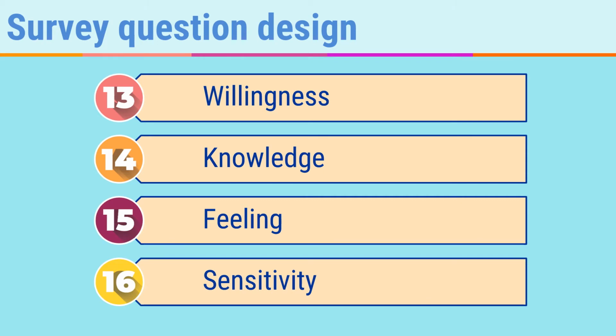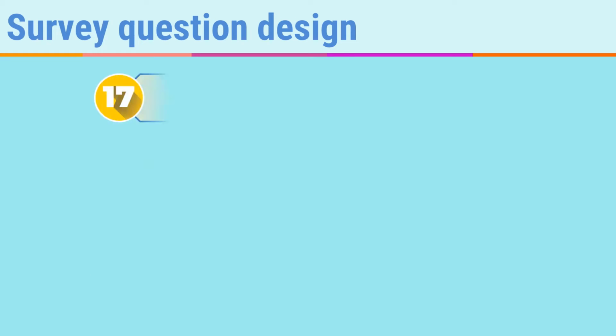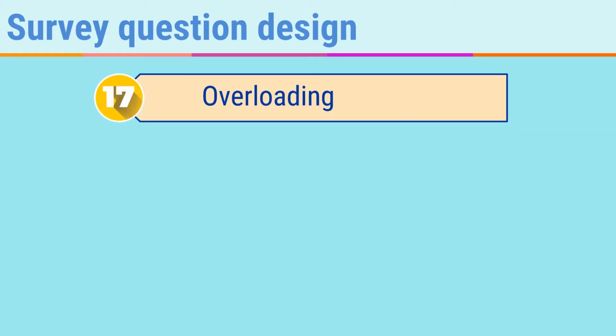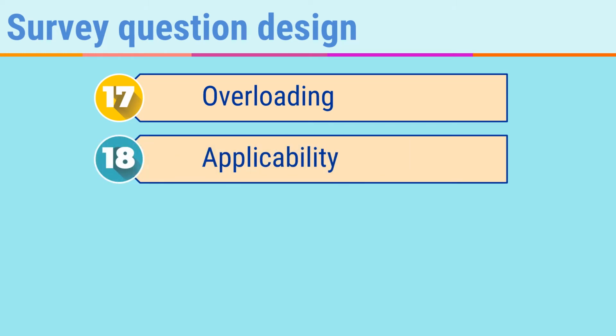We need to keep sensitive questions until the later part in the survey. We need to avoid overloading the participants with thinking, recalling, reading, and responding. We need to ensure that the questions apply to all the participants that we want to target.